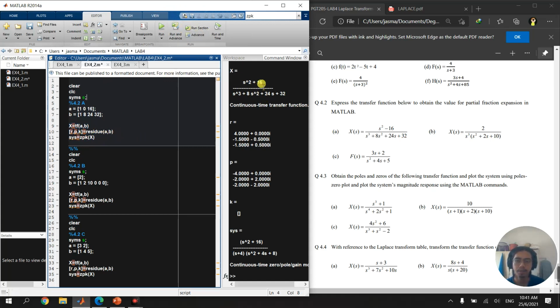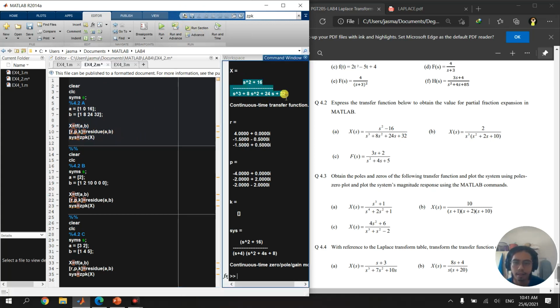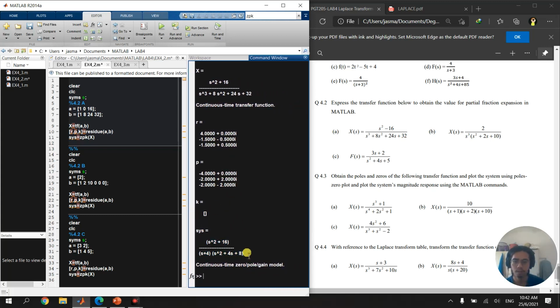Okay, I run it now. We can see that the function has been written correctly here, and then the rpk values have been put inside, and then the sys is converted to a zero-pole-gain model, which is simplified, the denominator simplified into two equations, so we can easily move it if we want to.